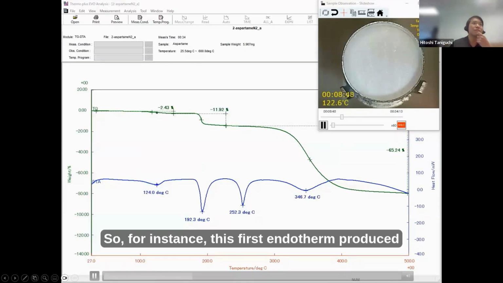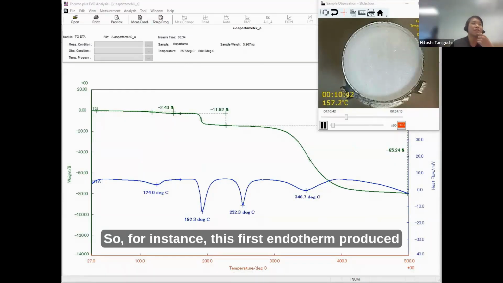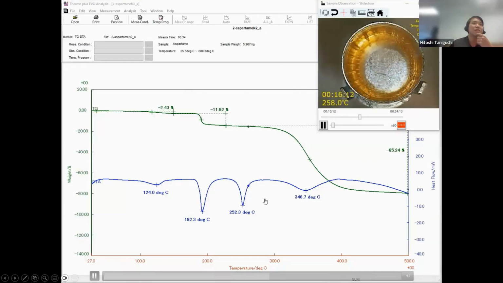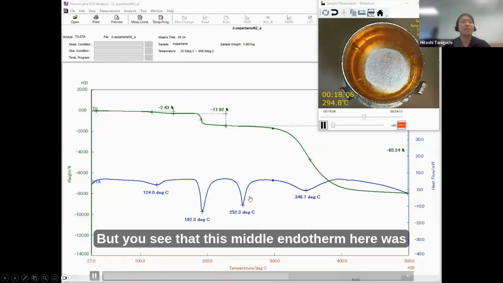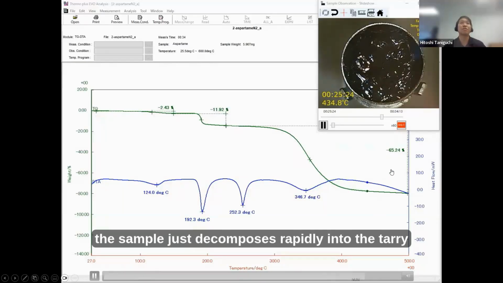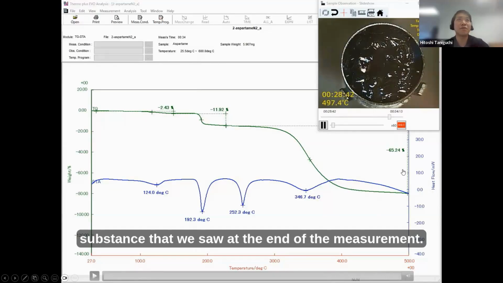For instance, this first endotherm produced some mass loss, but it didn't incur any color change at all. But this middle endotherm here was the culprit for the color change mostly, and from there on, the sample just decomposes rapidly into the tarry substance that we saw at the end of the measurement.